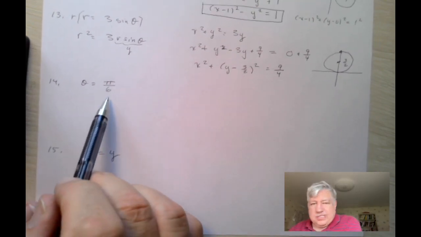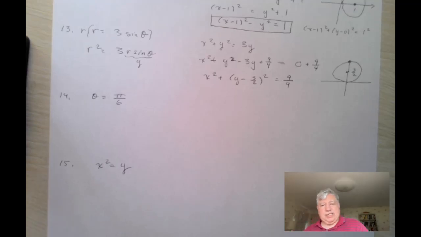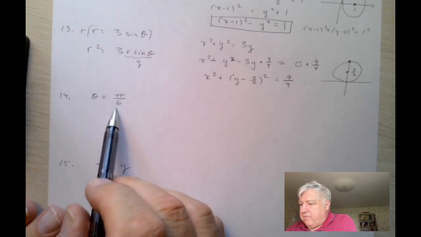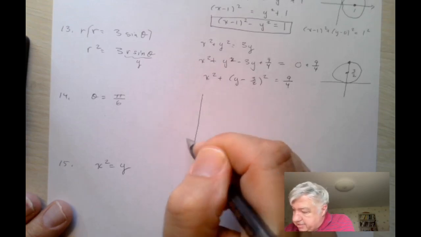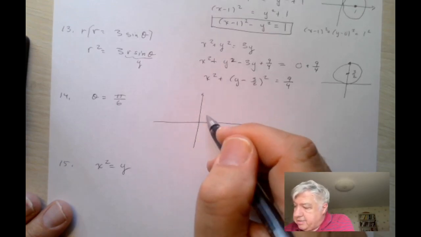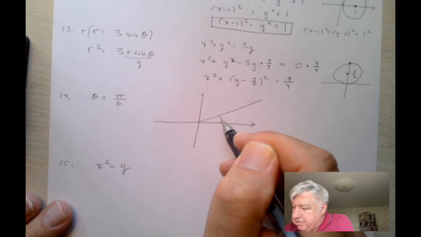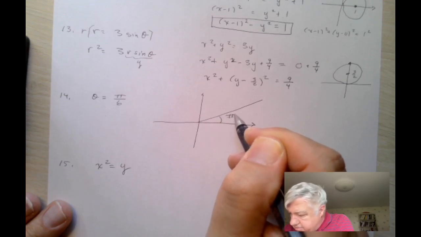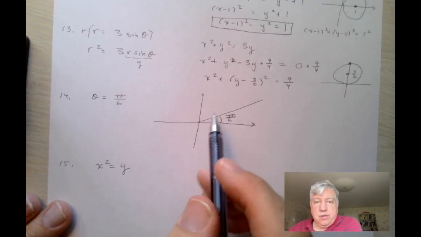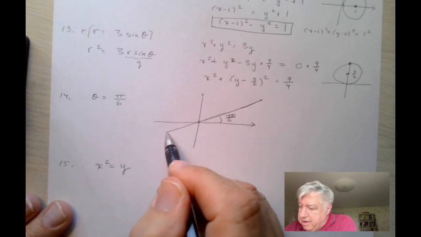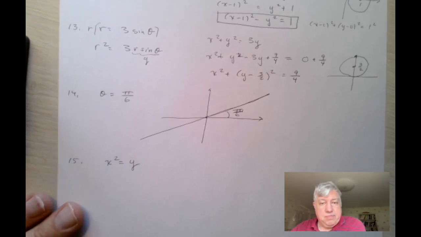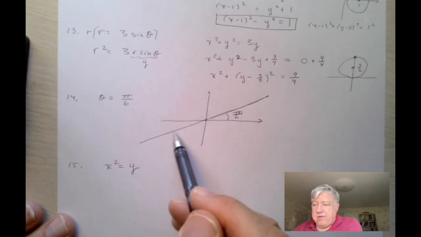If theta equals pi over 6, whenever theta equals a constant, there's no mention of r, so r can be anything. We're looking at all the points whose theta coordinate is pi over 6, or 30 degrees. That would include everything on this line, but it will also include everything on this line extended that way, because those would be the negative values of r.